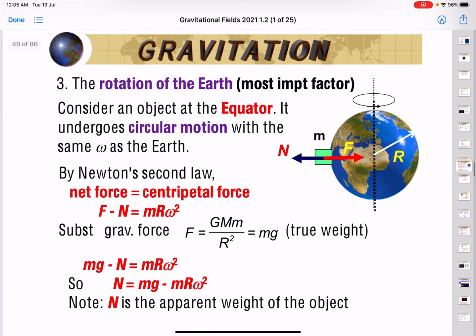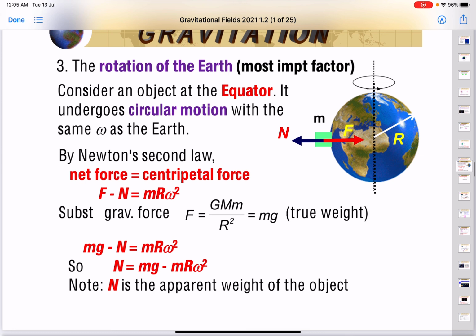The third one, which is one of the more important factors because it involves the understanding of real and apparent weight, is due to the circular motion of the Earth. Here we can apply Newton's second law, where we can find the centripetal force exerted on an object that's resting on the equator.